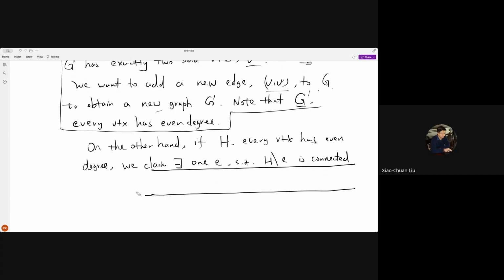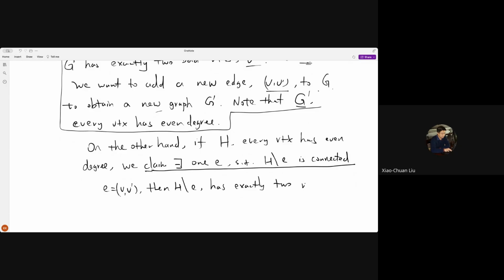And then you can delete it, and then you realize that, for example, if E is V V prime, then H minus E has exactly 2 vertices with odd degree.